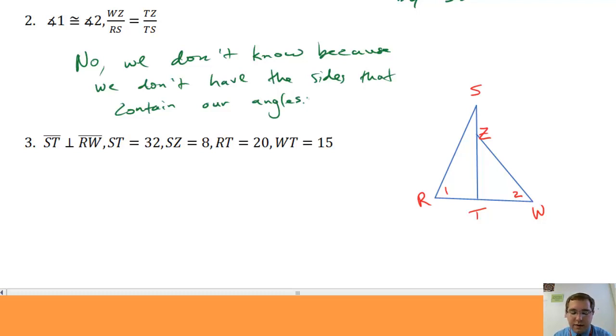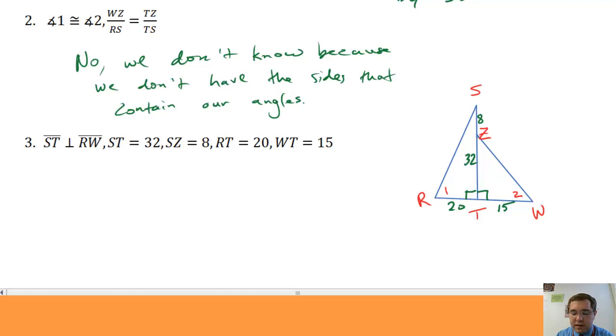If we know ST is perpendicular to RW, so we've got some right angles down here, and ST equals 32, SZ equals 8, RT equals 20, and WT equals 15. Notice they gave us ST and they gave us SZ.